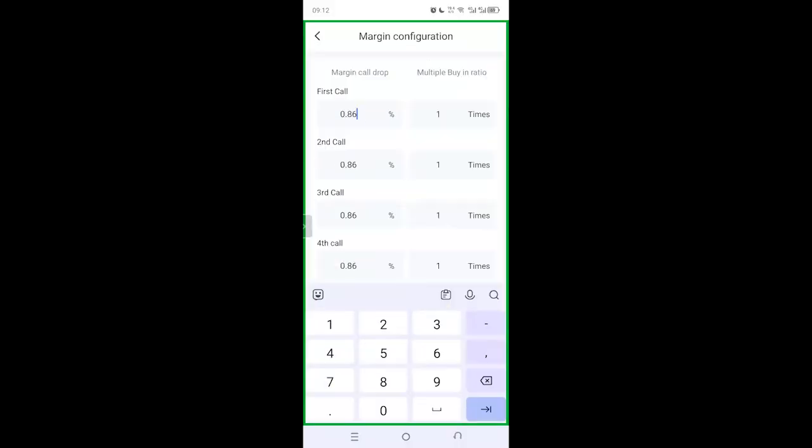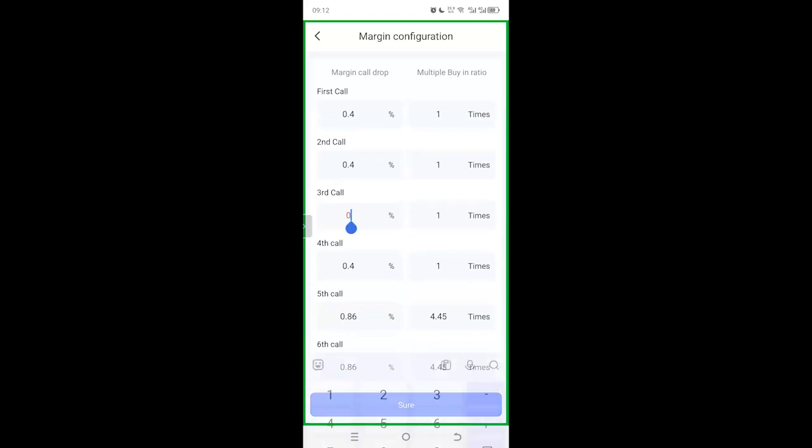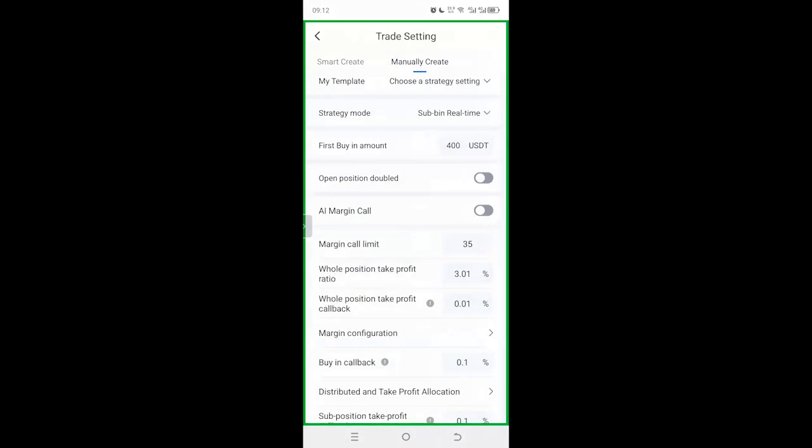I come here and put my 0.4 throughout. I put 0.4 throughout.